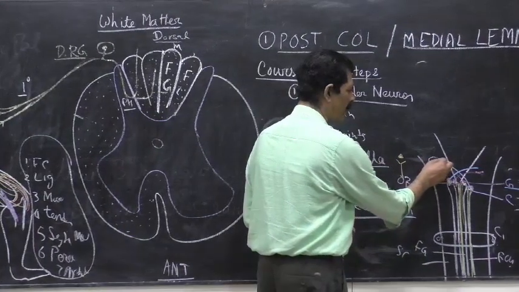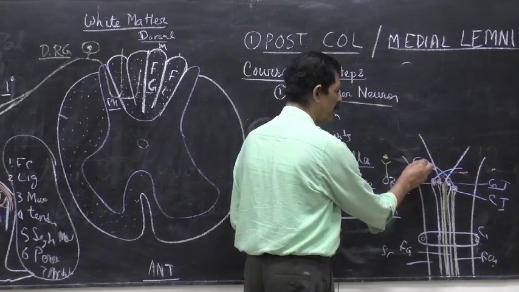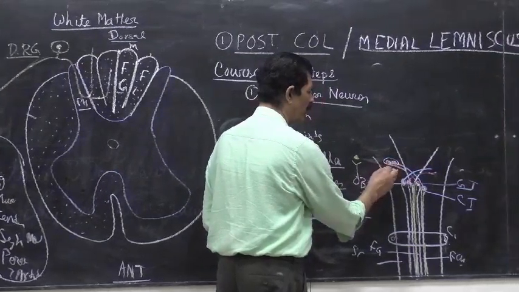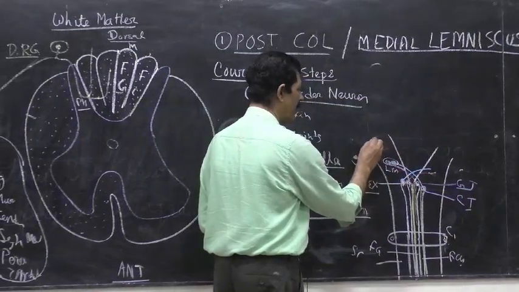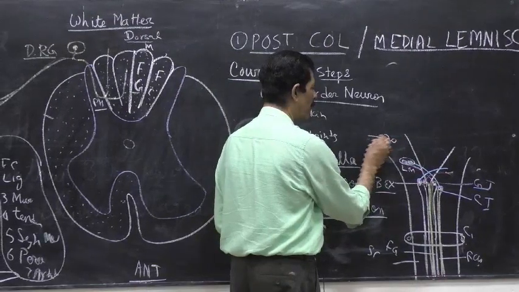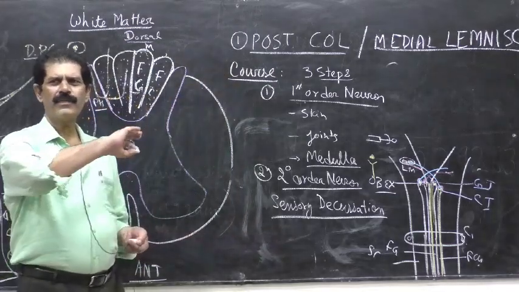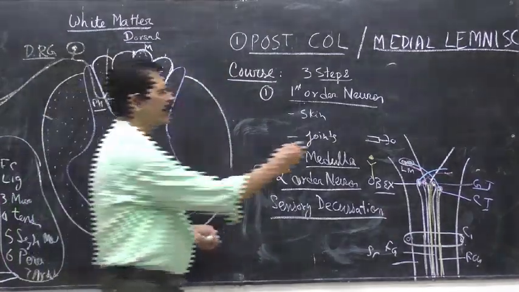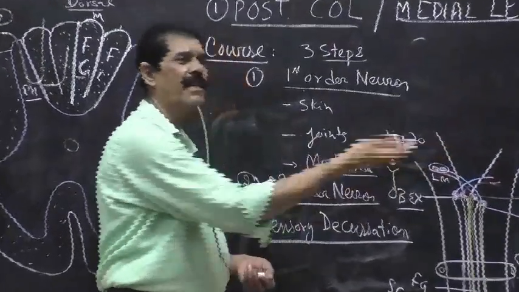The upper half of the body is medially placed and lower half is laterally placed. So body is represented head, neck, thorax and upper limb medially, and abdomen and lower limb lying laterally. So now head comes medial and foot goes laterally. So this is the representation of the body, now horizontal.